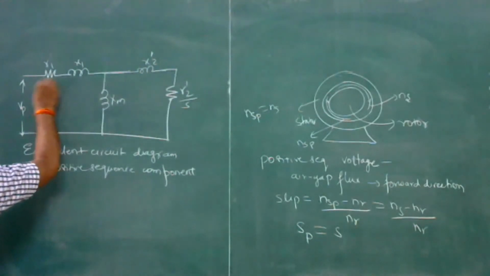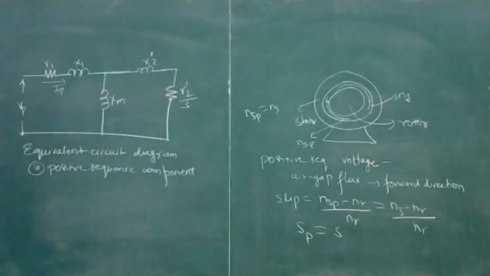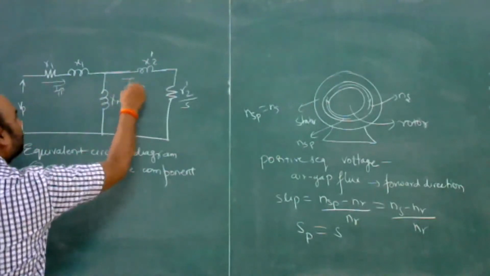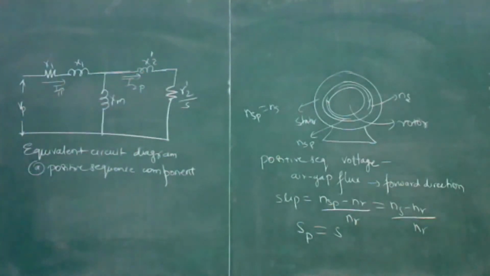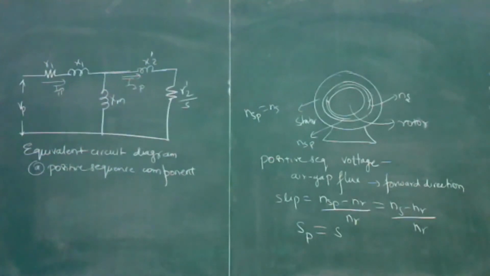So this is I1P. Given the value of Xm, we can find the value of current I2P.